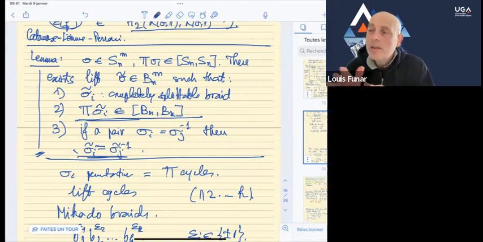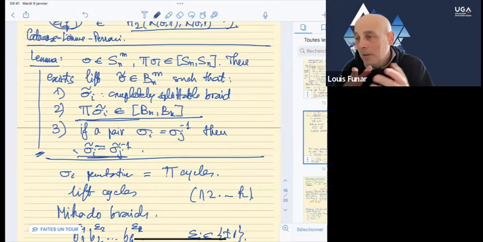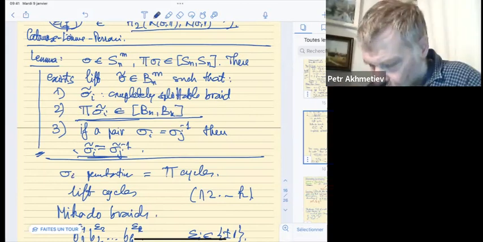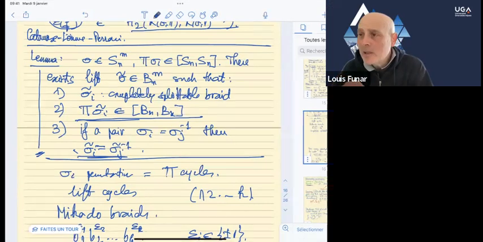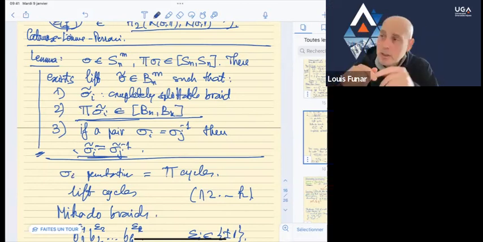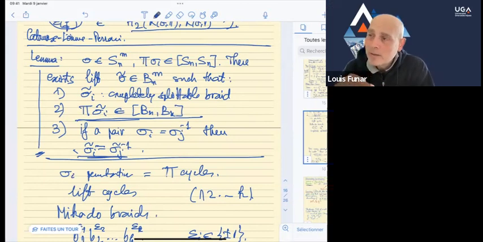I don't know if it can be lifted to the braid group because I have no way to check geometrically. I can show you why it cannot be lifted to a free group. It cannot be lifted because there should be a free homotopy class of simple closed curve which belongs to the kernel.